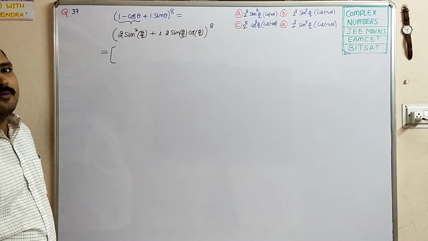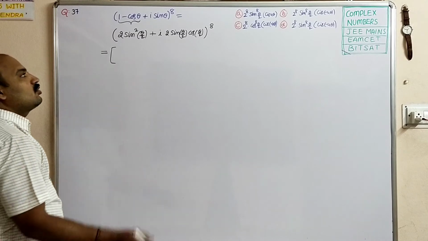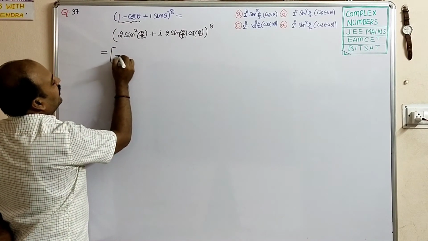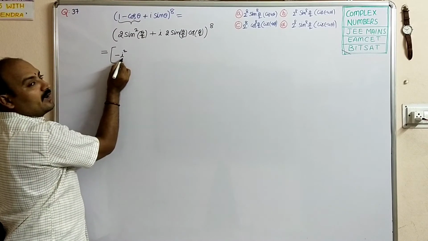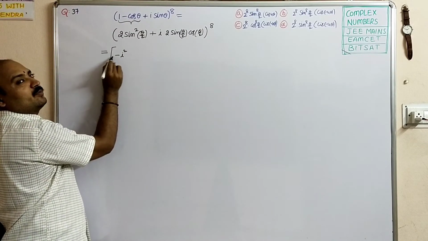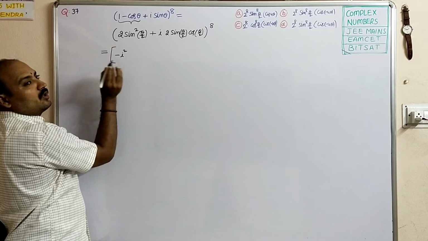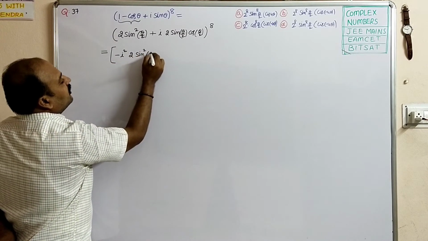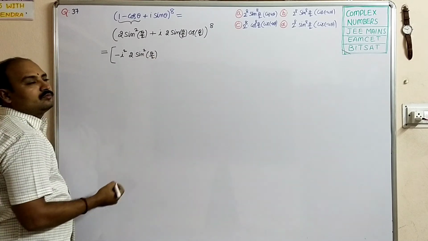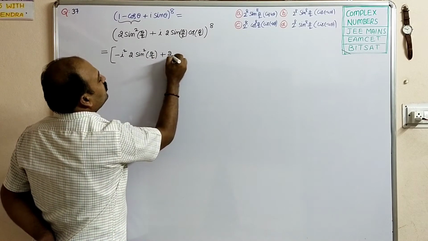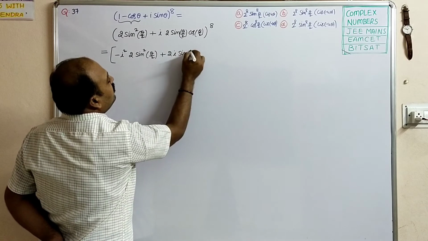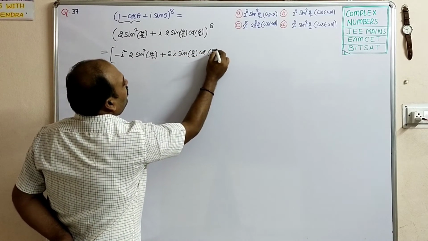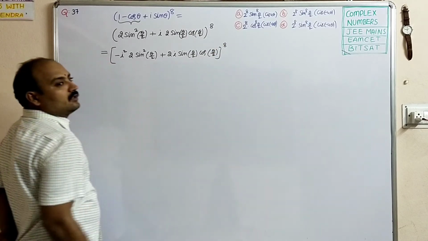But it is not the form of cos theta plus i sin theta. So what I am doing is, here plus 2 is there now. We can write it as minus i square, value minus 1, already minus is there, minus into minus is plus, there is no effect on this. So 2 sin square theta by 2 plus 2i sin theta by 2 cos theta by 2, whole power 8.